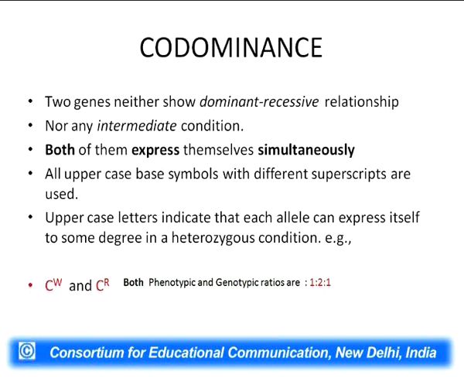So, that means both have to be, say, capital T and something else, but again capital, because nobody is being suppressed by anybody. So, that means there is no intermediate condition. It would not be red and white giving rise to pink. It would be perhaps red and white, because the red is also expressing itself and so is white. So, that means both of these genes would express themselves simultaneously.